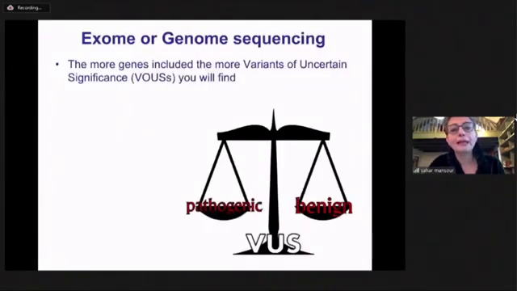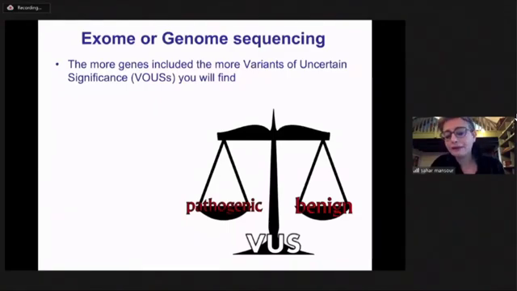The problem with exome or genome sequencing, both of them are problematic, but genome sequencing even more so, is that we are all individual. We all have variants that nobody else has. We are all special. So there are lots of variants of uncertain significance. They've never been seen before, but we're not sure they cause the condition.